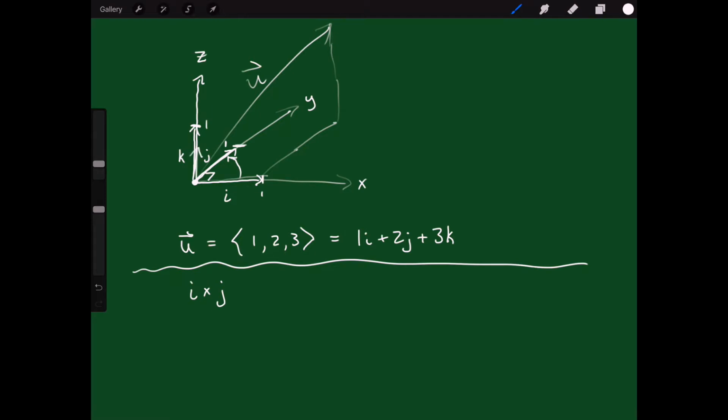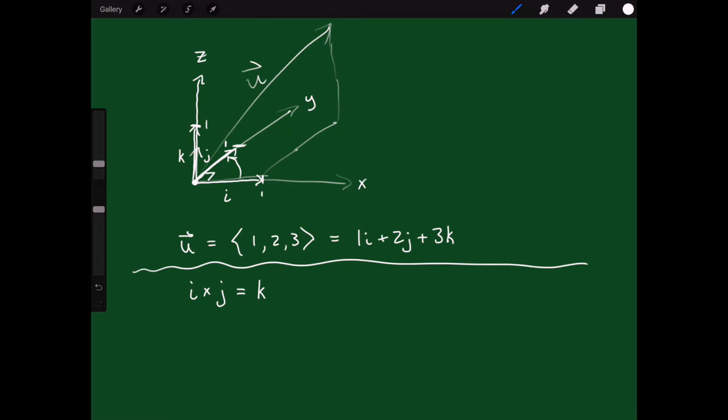So I know that the magnitude of i is 1, the magnitude of j is 1, and sine of 90 degrees, or sine of pi over 2, is 1, so I just end up with k as my normal vector. The direction it would be pointing is up using the right-hand rule, and so i cross j just gives me k.